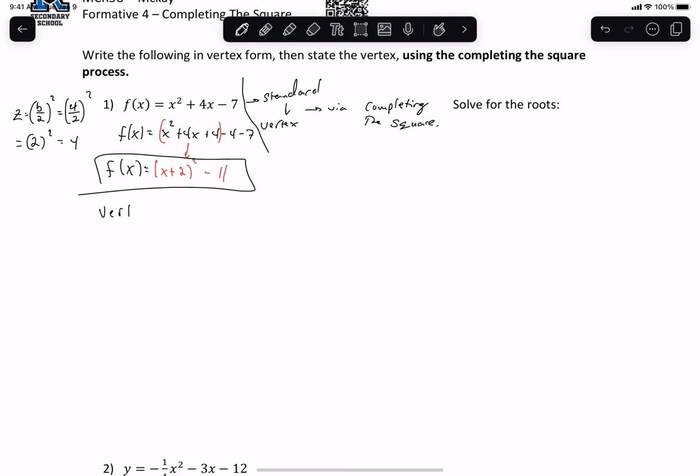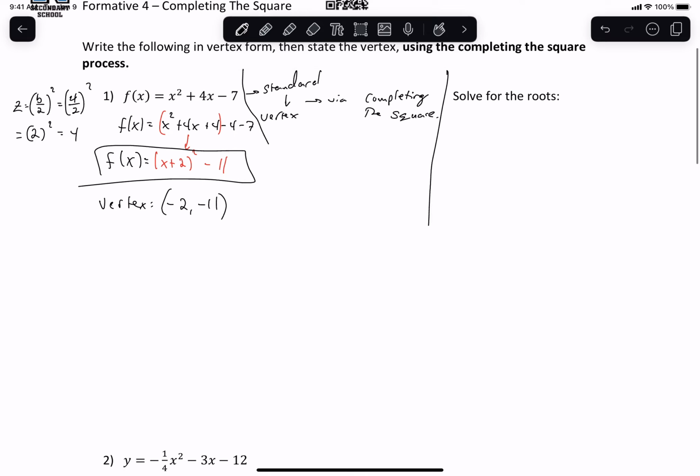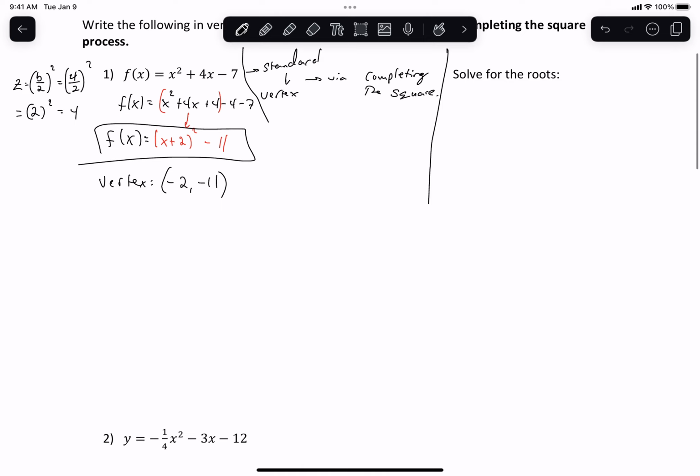So that's a vertex, right? Vertex is -2, -11. I saw a bunch of that as it was coming in, so that's positive. Saw kind of a mixed bag in terms of solving for the roots. Once you have this, remember this is in the interest of producing the graph, right?